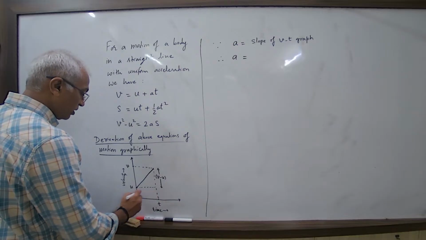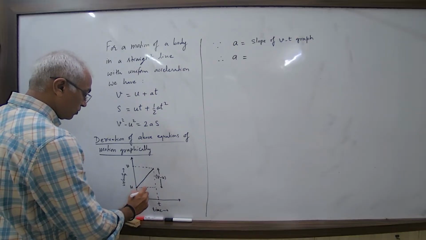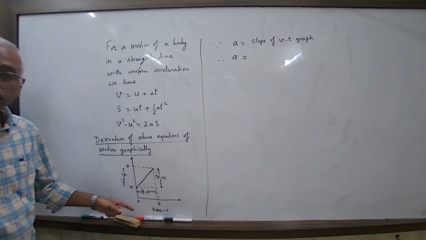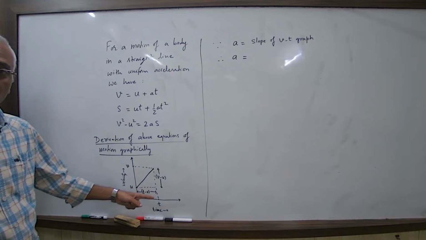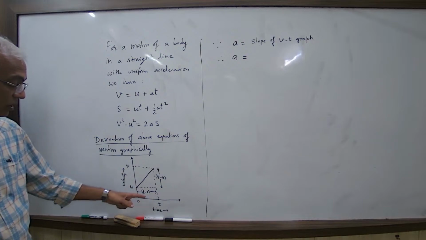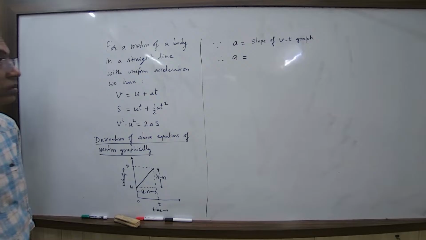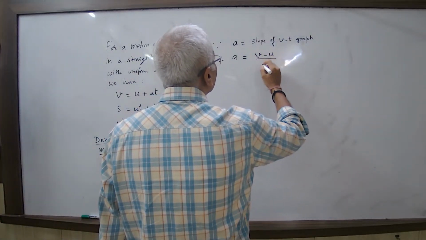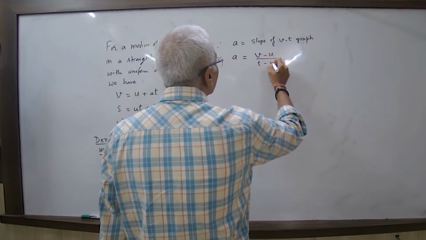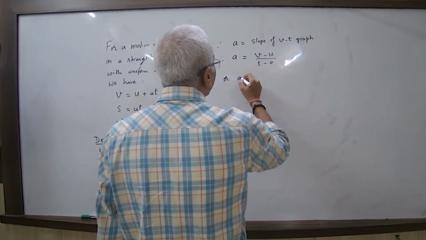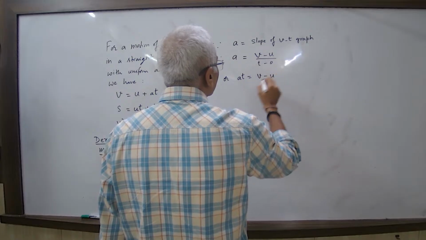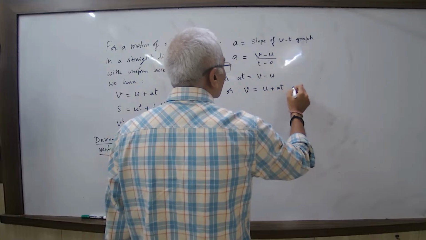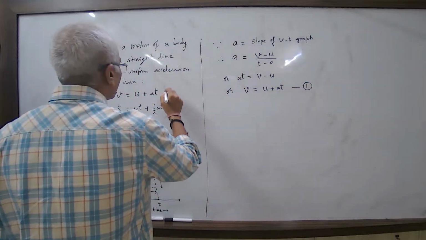Then what is this? T minus 0. T2 minus T1, where T2 is t and T1 is 0. So this is v minus u by t minus 0, or at is equal to v minus u, or v is equal to u plus at. So this is the first equation we got.